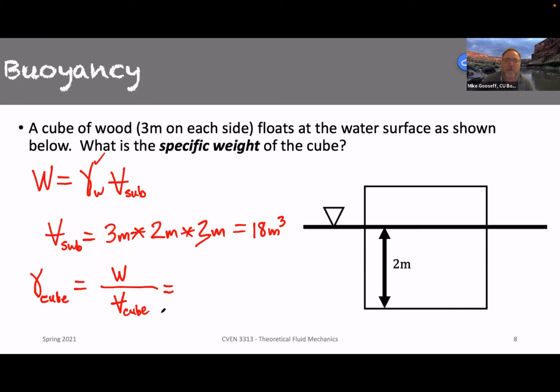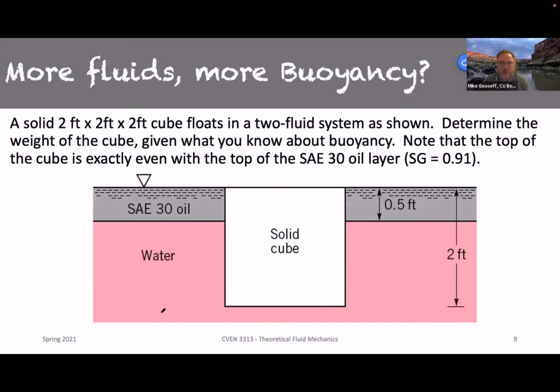Okay. Now, this one is a little bit trickier in the sense that we need to break it up into 2 pieces. So in this case, part of the cube is displacing water. The other part of the cube is displacing oil, right? So we know that it's 2 by 2 by 2 feet. Now we're not working in meters anymore. 2 by 2 by 2.